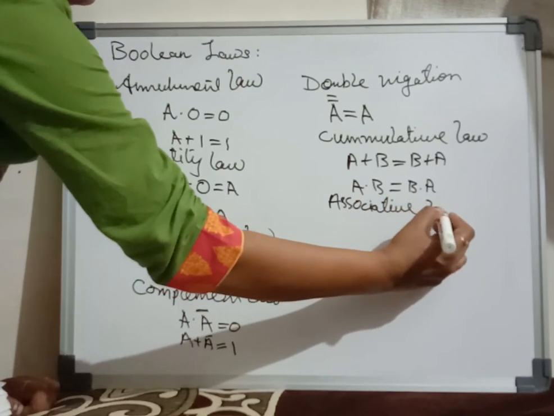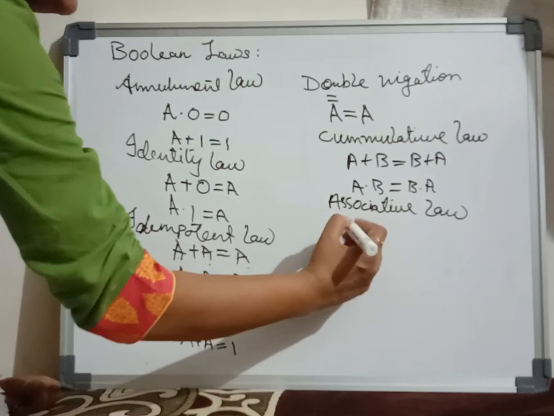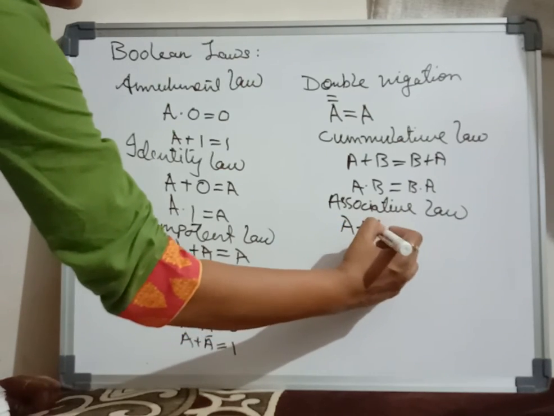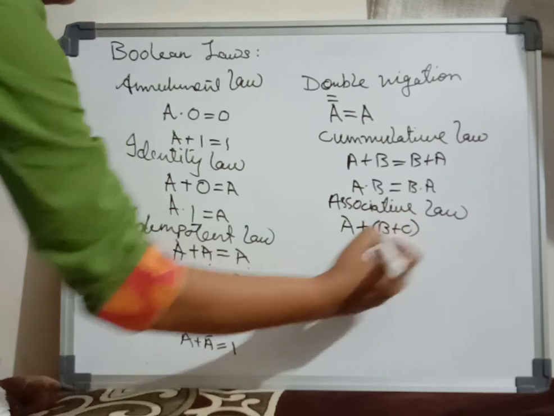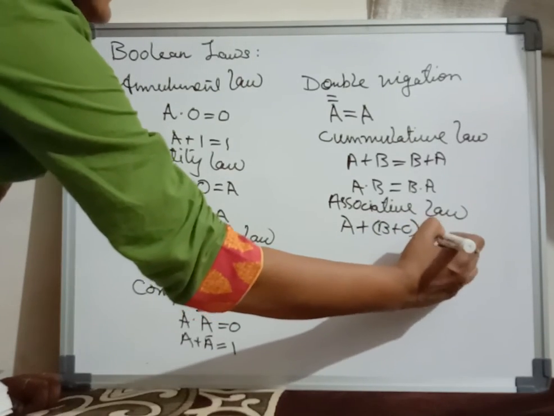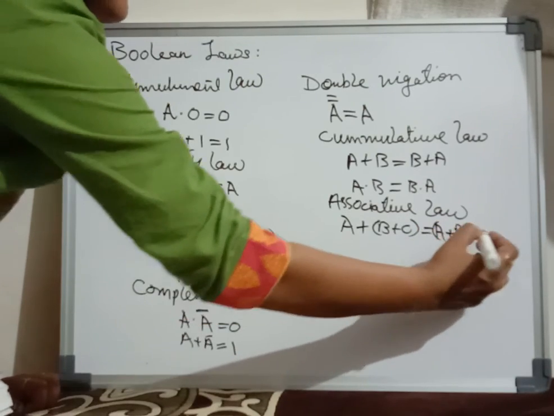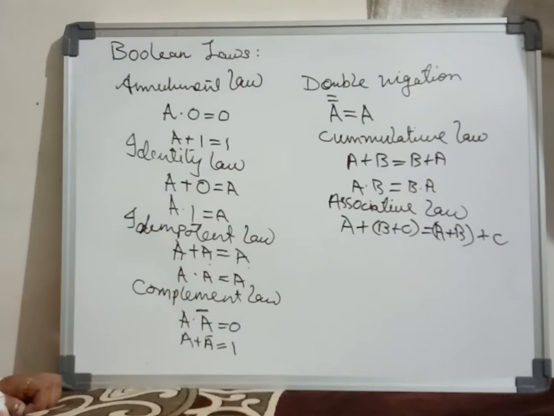Then another is associative law. Now what this associative law is: A plus B plus C, suppose if it is like this, then you can write this as A plus B in one bracket plus C. You can simply move this C out of the bracket.